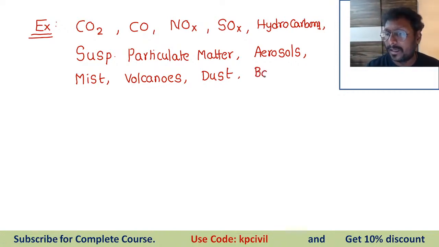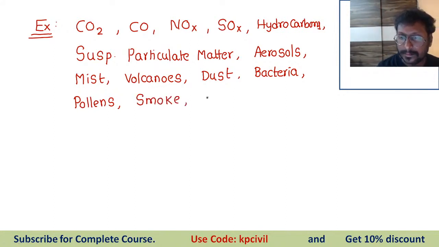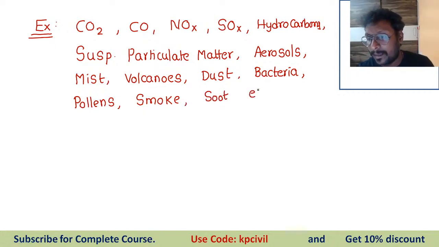We can write down even the biological pollutants like bacteria, pollens, smoke, soot, etc. All these components come under primary air pollutants.